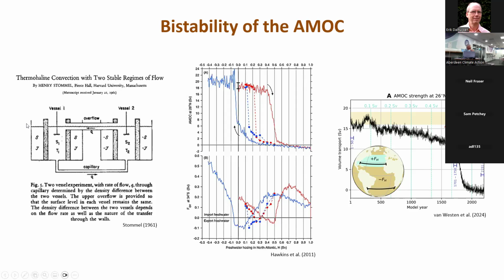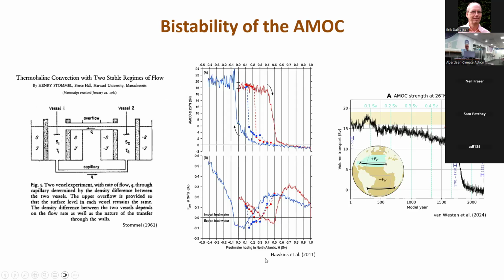However, if we add more fresh water to the system and change the conditions, we can go into a different regime where the density is driven primarily by salinity, or the freshwater content of the ocean. That corresponds to the weak AMOC regime that can occur, or even a change in direction of the circulation.